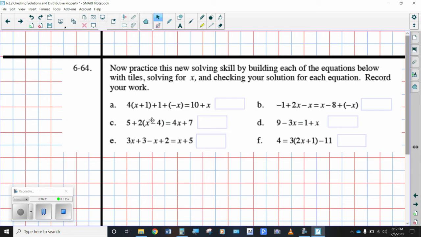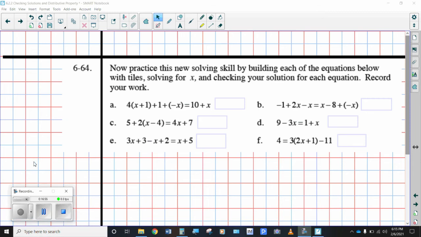Being able to solve these equations is just as basic to algebra as knowing your sums, your differences, and your times tables are for general mathematics, those skills that we learned in first, second, third, and fourth grade. Okay, so take your time on this, show your work, and record all the steps along the way to ensure that you're not making any mistakes.